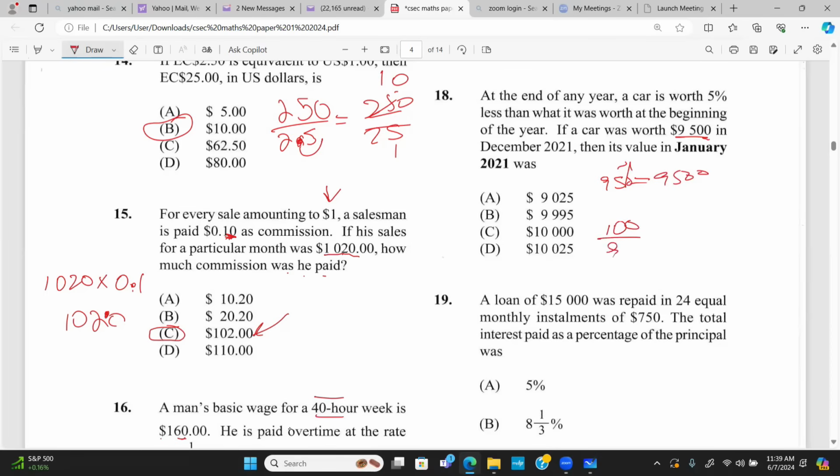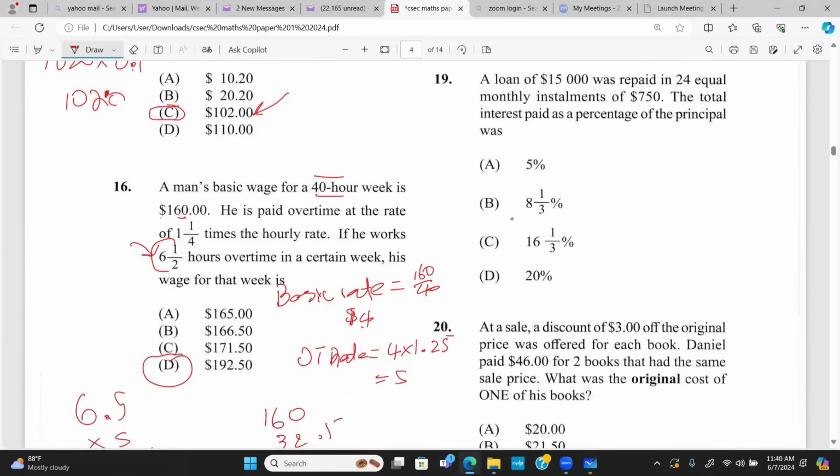I'm going to put 100 over 95, and multiply by this, and we're looking at 10,000. So the car was worth 10,000 in January, and then 5% came off that 10,000, and it's at 95% at the end of the year.